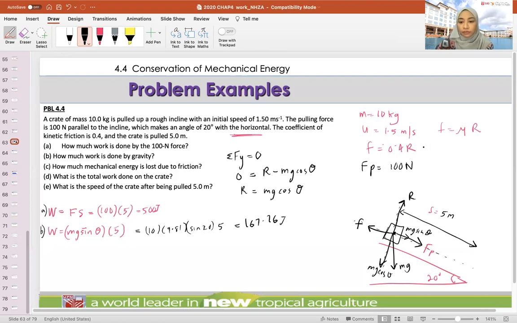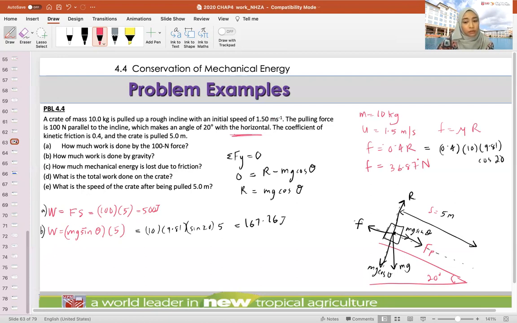Now we can calculate our friction. Friction is 0.4 times 10 times 9.81 times cosine 20, which is 36.87 Newton. If I'm wrong, please correct me like before. We use the concept that we learned in chapter 3 to solve something in chapter 4, so it gets a little complicated because we have to relate back.